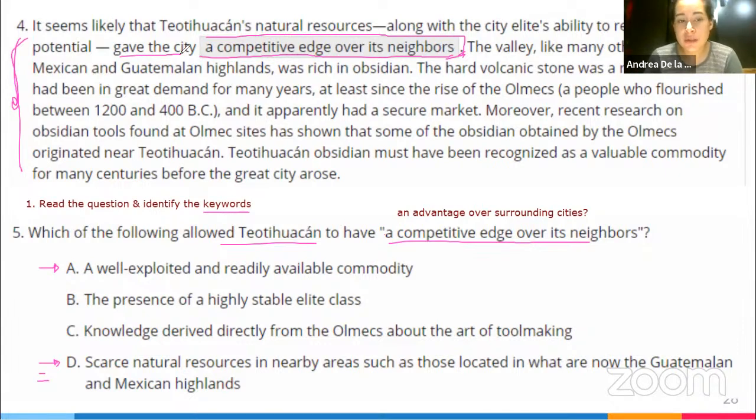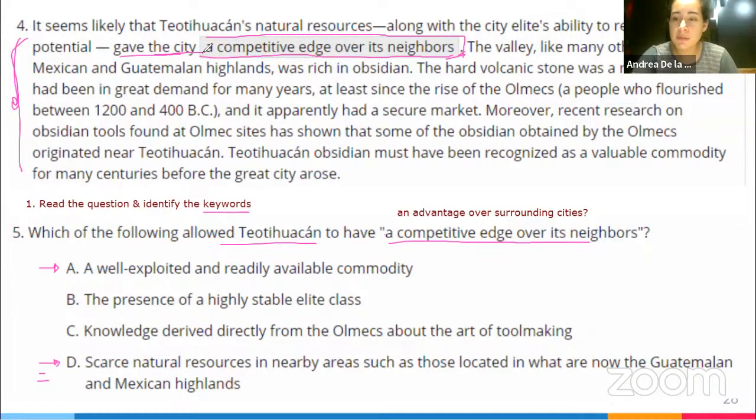Now you know the question is asking what allowed the city to have a competitive edge. Do you think that giving the city a competitive edge is similar enough to allowing the city to have a competitive edge? Can we say those are synonyms? That's what they're asking about.